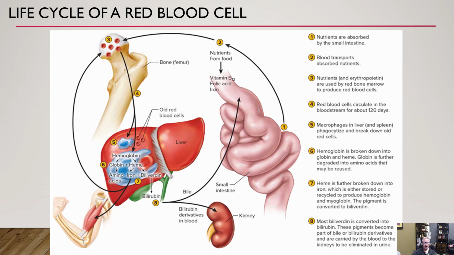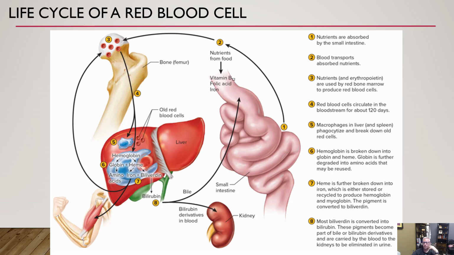The nutrients and erythropoietin are going to be used by the red bone marrow to produce red blood cells. The red blood cells circulate in the bloodstream for about 4 months, and then the macrophages in the liver and the spleen are going to phagocytize and break down those old red blood cells. Then the hemoglobin is going to be broken down into globin and heme, and the globin is going to be further broken down into amino acids that can be reused or recycled.